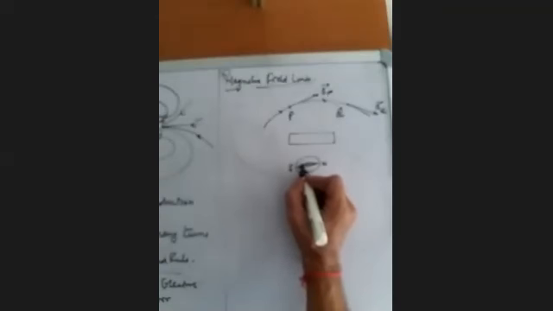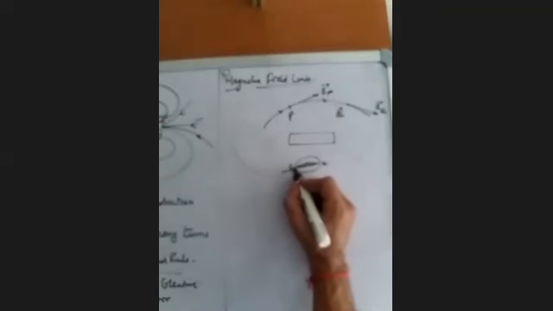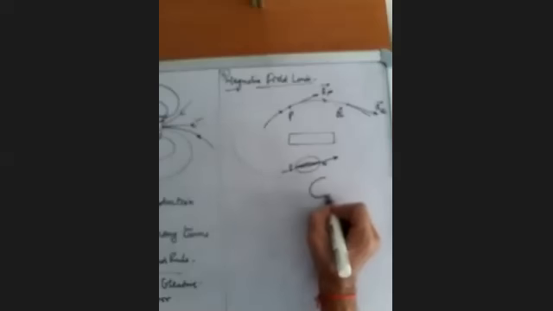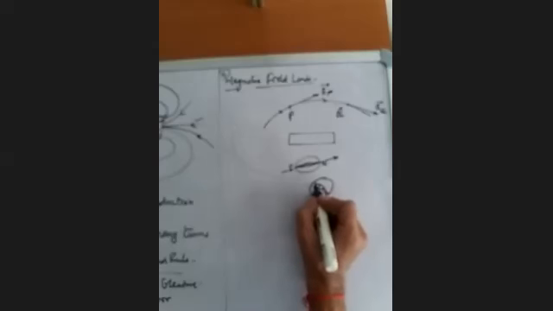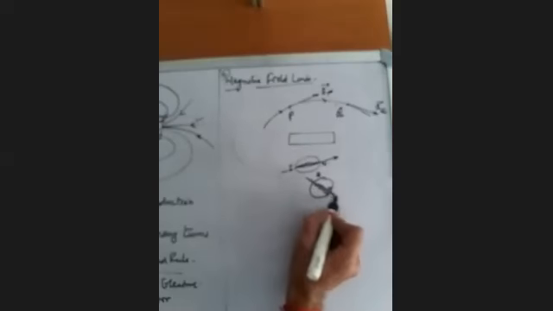The north end of the needle will point towards the direction of magnetic field. If north is pointing like this, so this is the direction of magnetic field. If the compass is pointing like this, and this is north and this is south, then this is the direction of magnetic field.